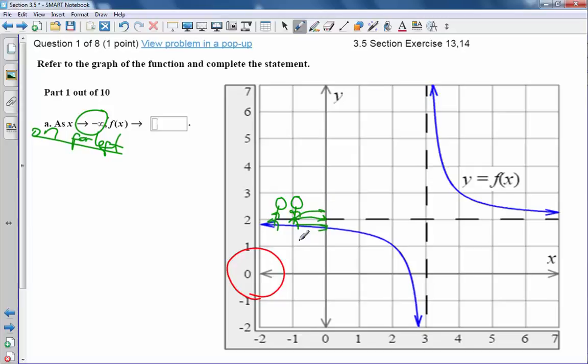Your foot is around this level. You just need to read me that level. What level are you approaching when you go far left this side? You were walking and walking, you're kind of rising, but what level are you getting closer to? What number is that? 2. You need to read this on the y-axis.